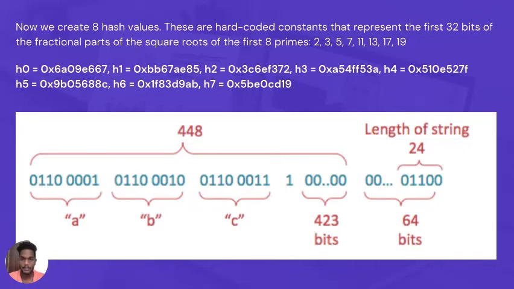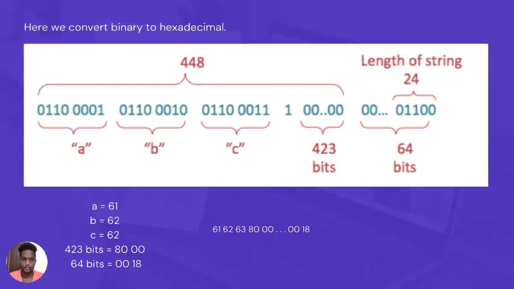We need a number of bits which is always divisible by 512. So we'll be adding the length of our string, that is 24, at the end of the padded message. So the total length will be 448 plus 64, that is 512, which is satisfied.